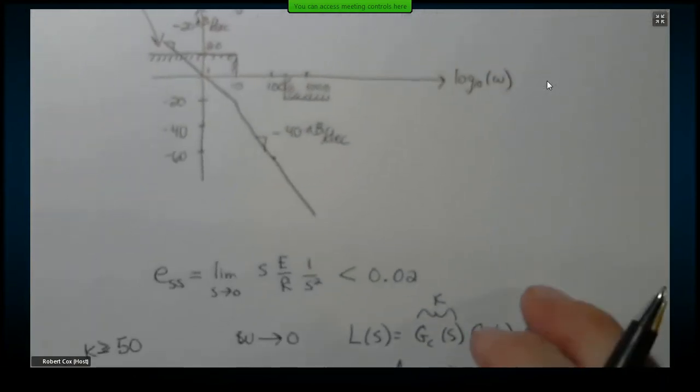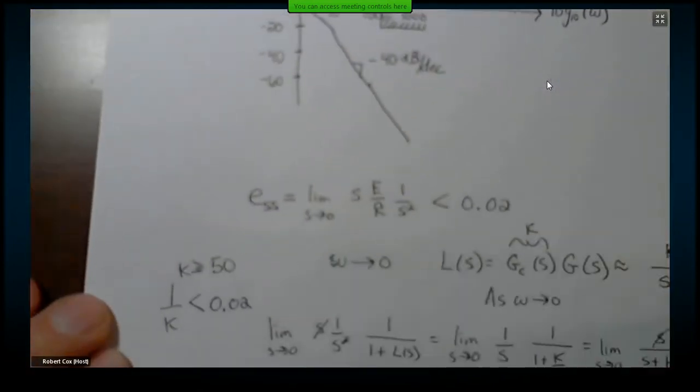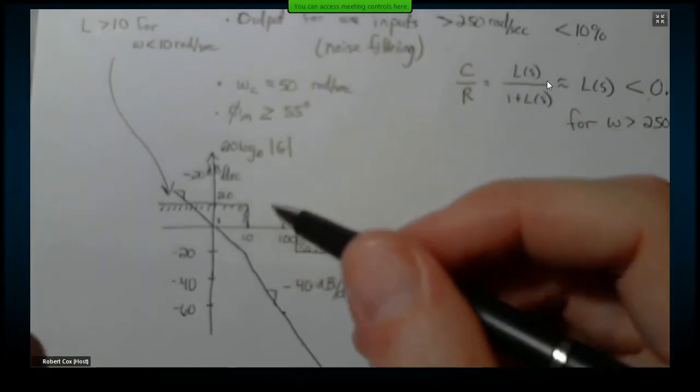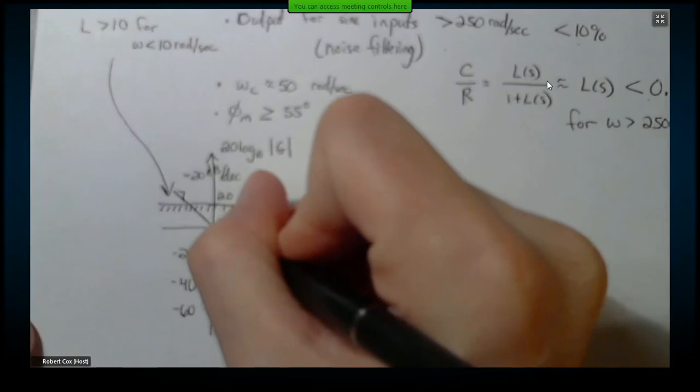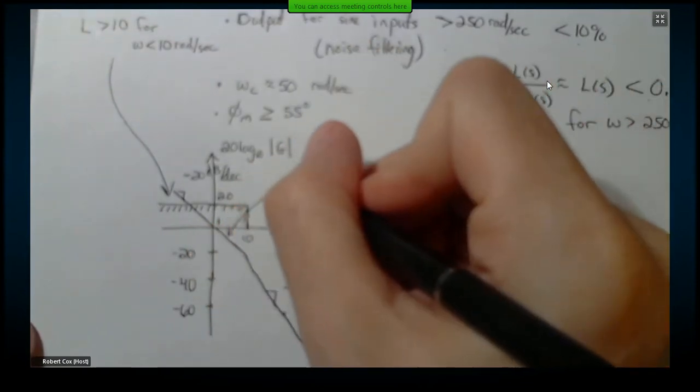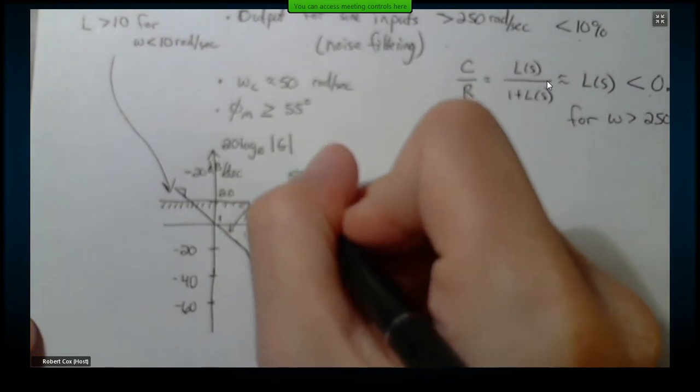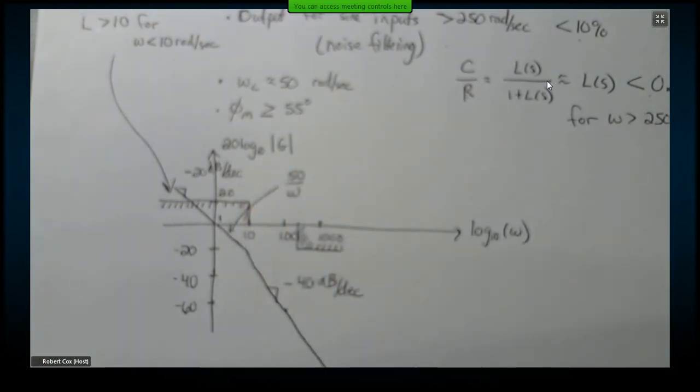All right. 1 over k is less than 0.02, so k has to be greater than 50. So let's go back to here. What that says is, at low frequencies, this whole transfer function would need to be approximated as 50 over omega.